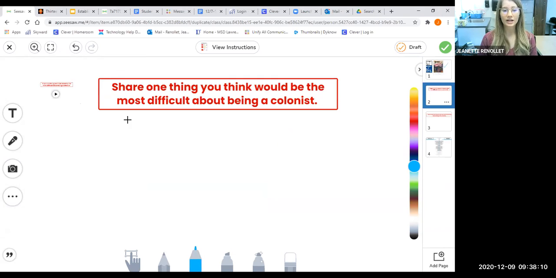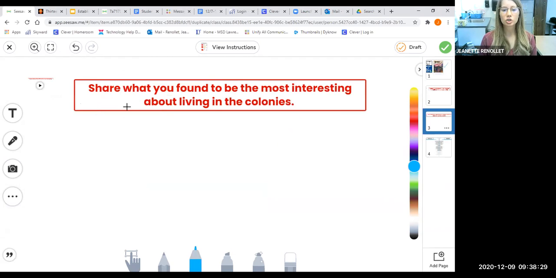Slide 2 asks you to share one thing you think would be difficult about being a colonist. You can type your response or record your response. Next, you're going to share what you found to be the most interesting. What's something interesting about living in the colonies?